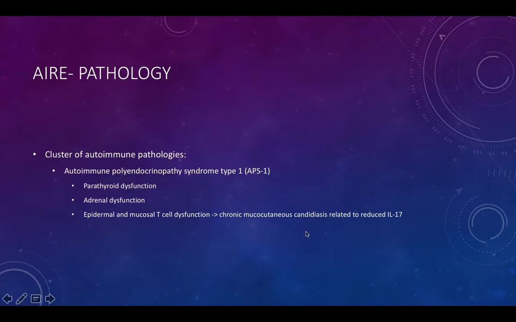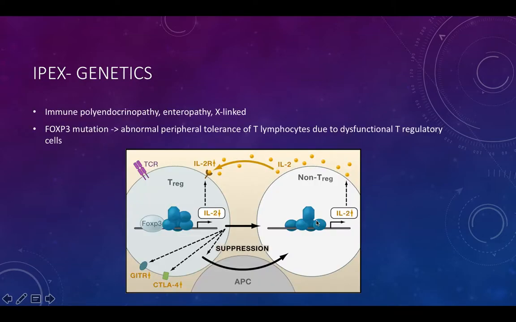As a brief aside, in HIV, when you have loss of T helper cells, CD4, you also have reduced activation of interleukin 17, which can lead to candidal infections. Now moving on to the peripheral side, loss of peripheral tolerance.